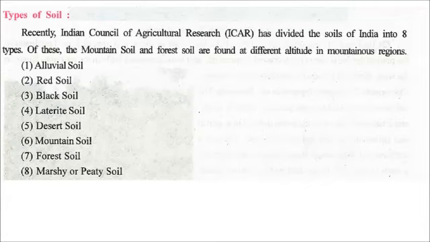So there are 8 types of soil. Learn it. Alluvial soil, red soil, black soil, laterite soil, desert soil, mountain soil, forest soil, and the 8th is marshy or peaty soil. Now let's move ahead with the discussion of this soil. In this video, we'll be doing only the first type of soil, that is alluvial soil.